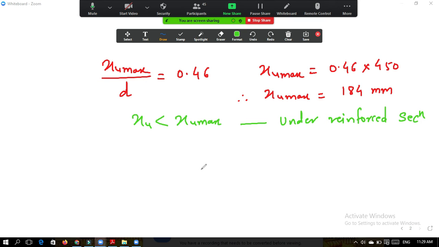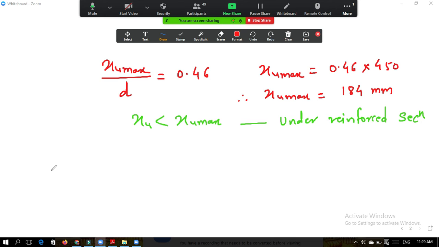What formula can be applicable for case number 3? Here in case number 3, we are going to use the formula Mu is equal to Cuf into Zf plus Cuw into Zw. Only thing is that if Xu is less than Xu max, that is the section is under reinforced, in the formula you put the Xu value as it is. But if your Xu is greater than Xu max, that is your section is over reinforced, so we assume it as a balanced section, and for balanced section we consider Xu equal to Xu max.